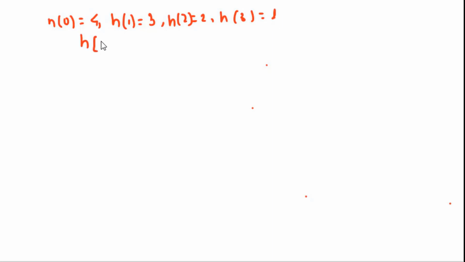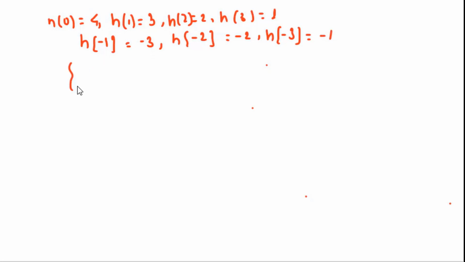In the given question, you are given h of 0 equal to 4, h of 1 as 3, h of 2 as 2, h of 3 as 1, and h of -1 as -3, h of -2 as -2, and h of -3 as -1.